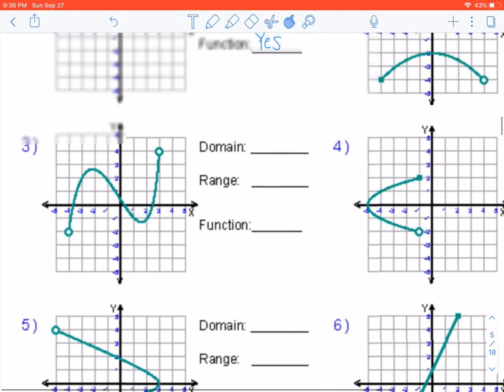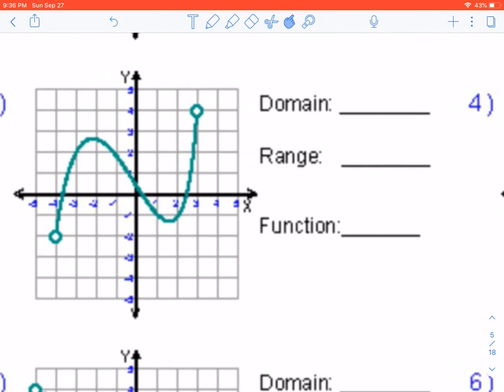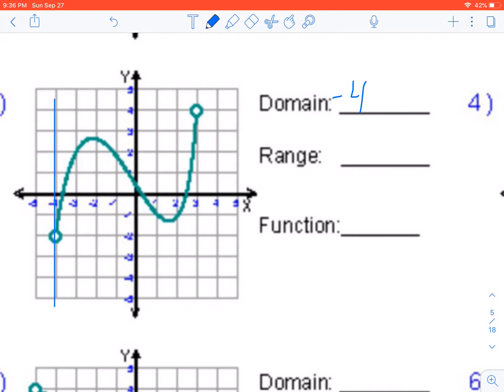Let's look at a few more here. This one, the farthest to the left it goes is -4. Farthest to the right it goes is +3. Doesn't hit, doesn't hit, so we leave it as less than.